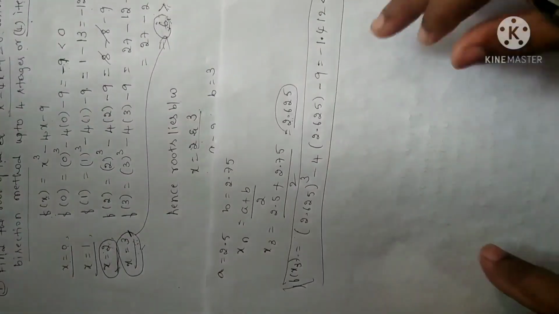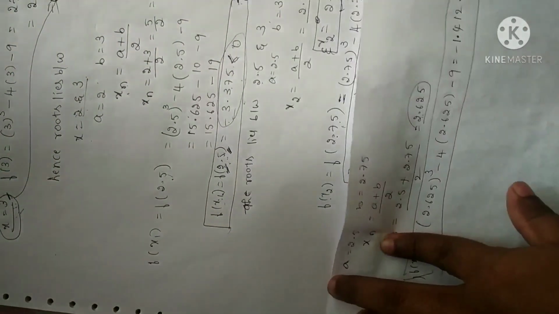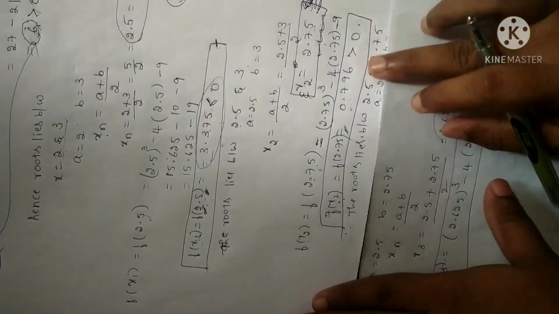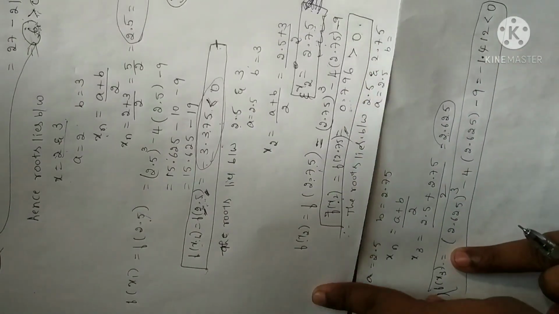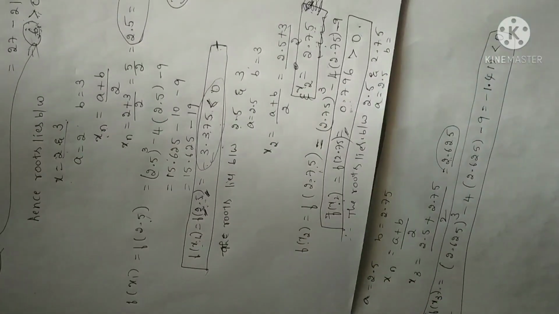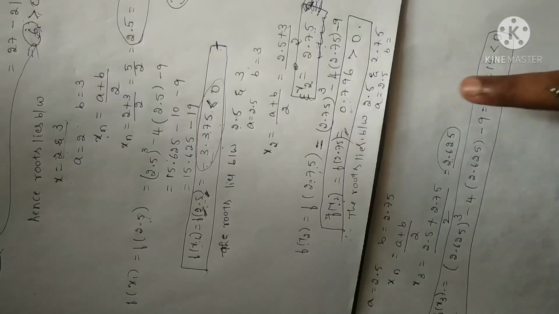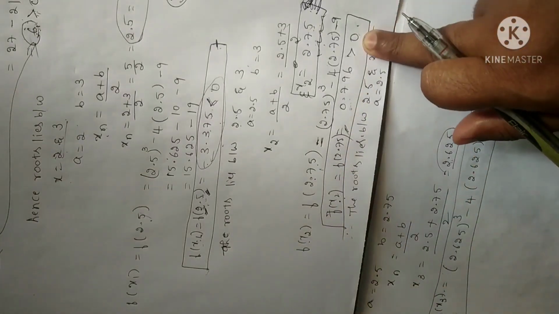Now I have to look for the next preceding step where we have a positive sign. See here, the f of x2 value is positive. This is what we have done now. F of x3 is a negative value. Now look for the very previous step where we have a positive value. F of x2 is positive, right?